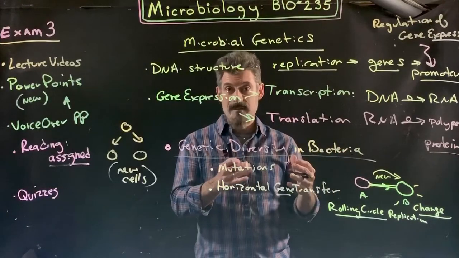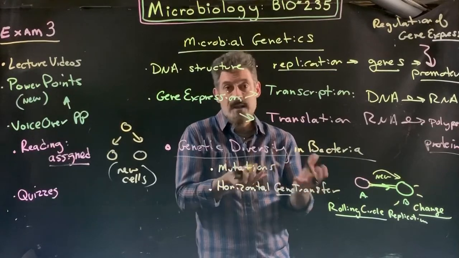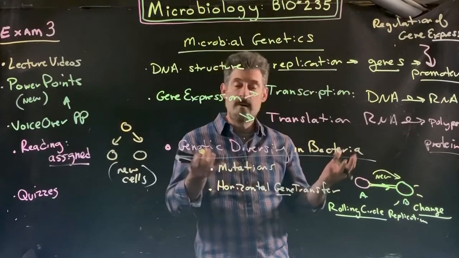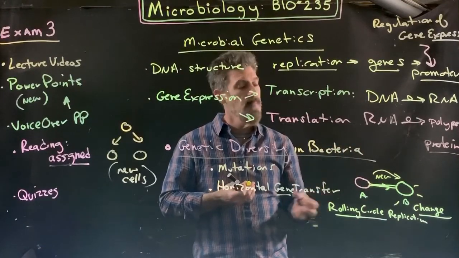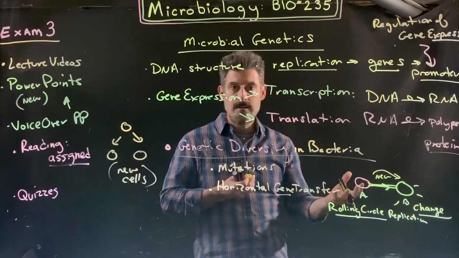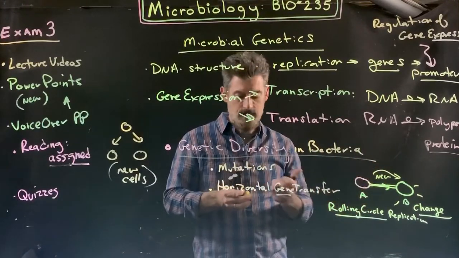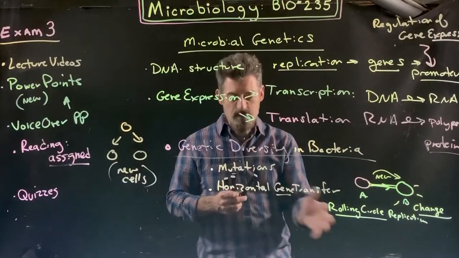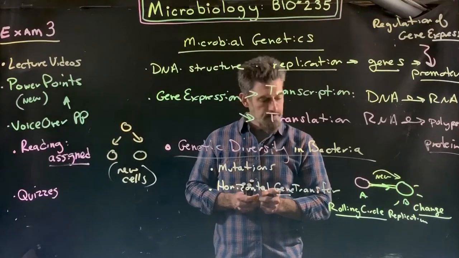So a viral infection is going to transfer genetic information into the cell, and the cell is going to keep that information and will forever be changed. New genetic information because of that infection. And then you're also going to get pieces of DNA taken up from the environment, which is another type of transformation process. So there's going to be a couple different processes. This is going to be a big part of the information as well.